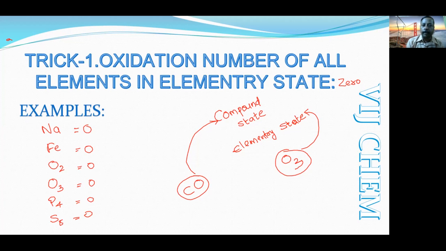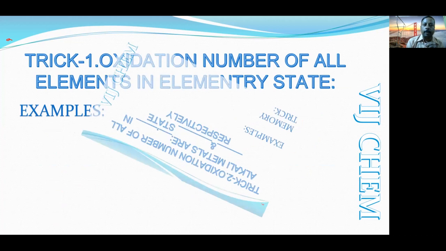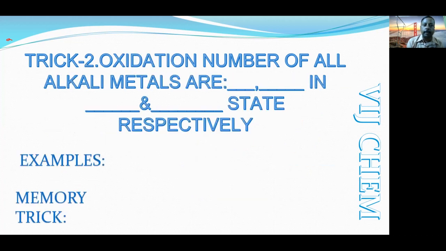Okay, so I am erasing this and going to the next screen. What will be the next trick? The next trick is for the oxidation number of alkali metals.